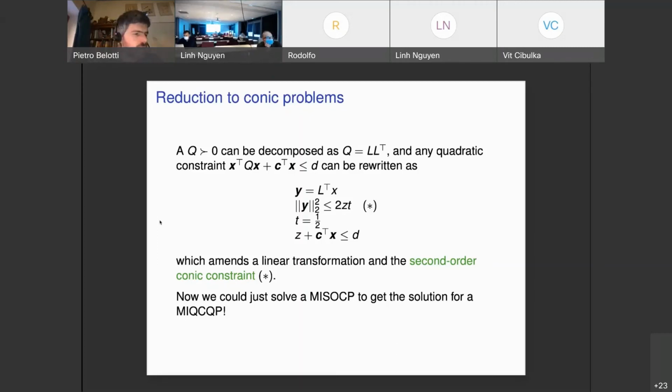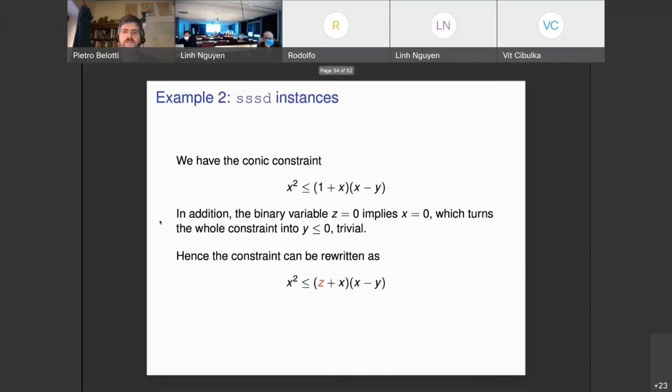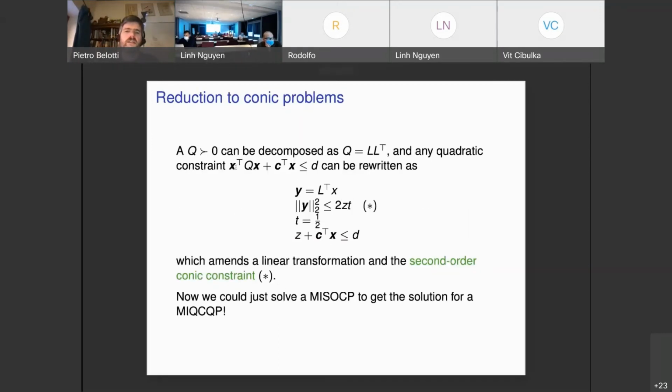Right. So I think the advantage here is very simple. Let's take this quadratic constraint. Applying outer approximation on a constraint like this is going to give you a very large linear constraint, possibly including all the variables.